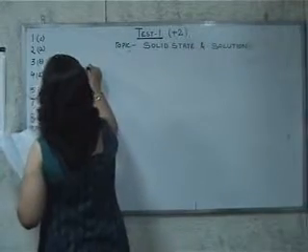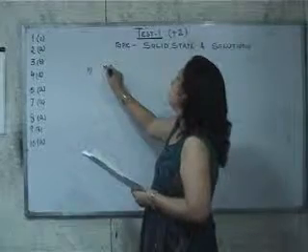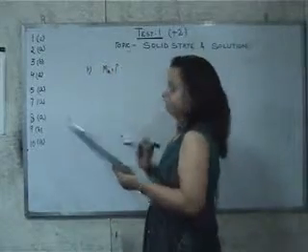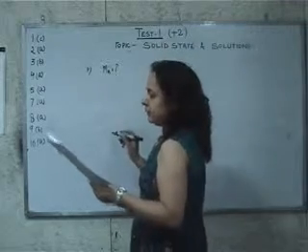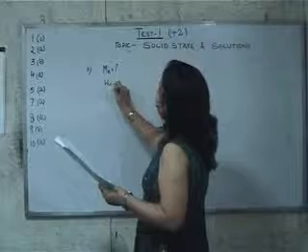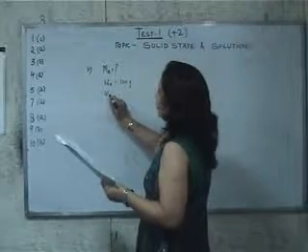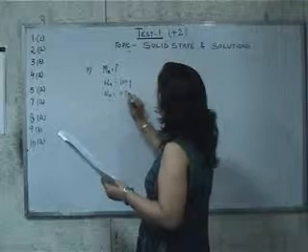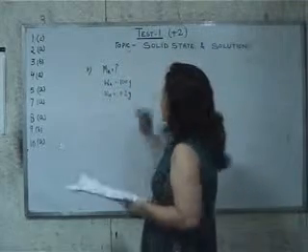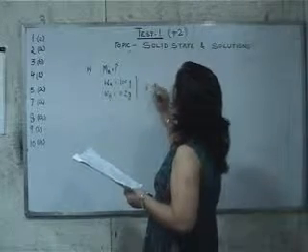Question number 11. Calculate the molecular mass, which means you want to calculate MB. You are given the weight of benzene, the solvent, 100 grams. Weight of solute is given as 0.2 grams. As it is in benzene, the i factor is taken as 1.